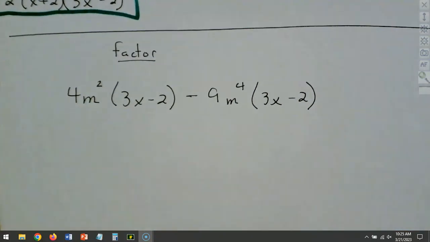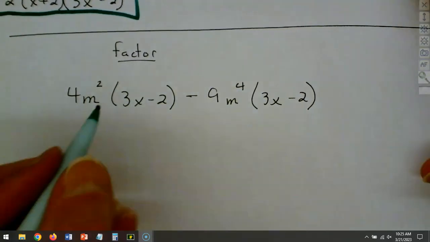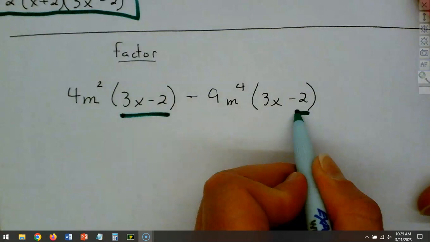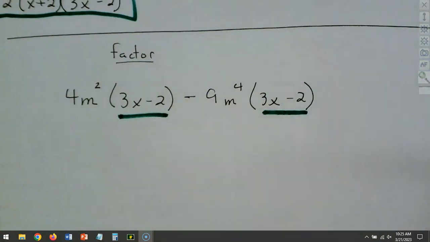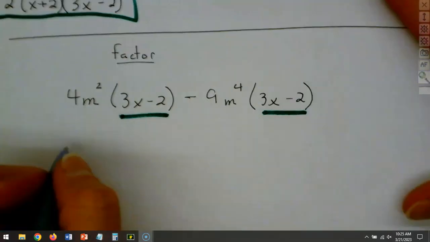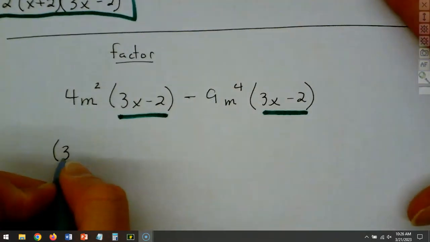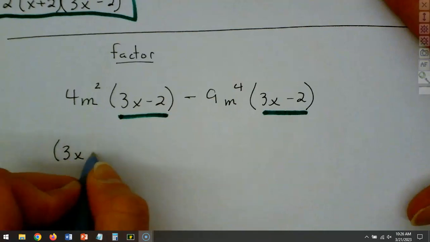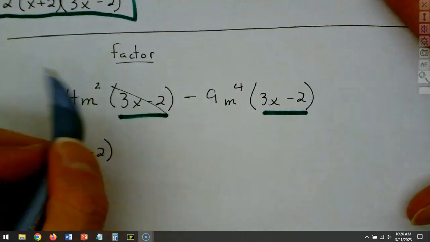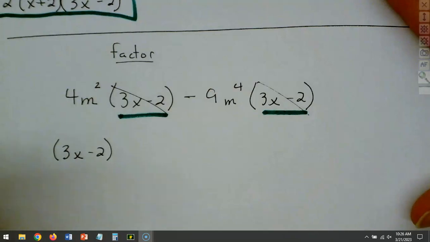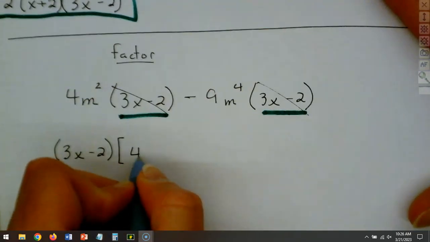Same concept though. What can we do here? 3x minus 2, 3x minus 2. Are those the same? Yes. So that's going to come out as a 3x minus 2. Gone. Gone. What's left over? Use brackets here so I remember to check the factor.